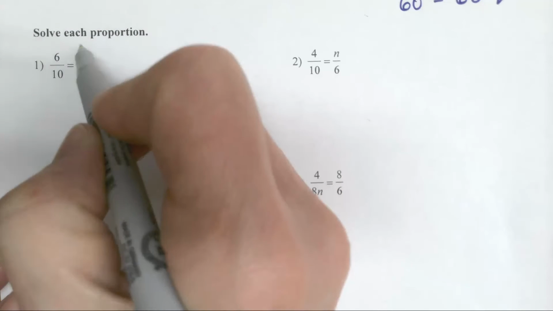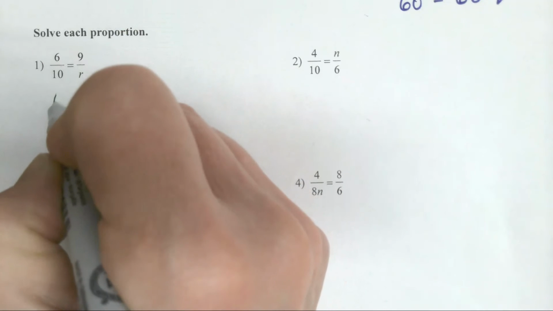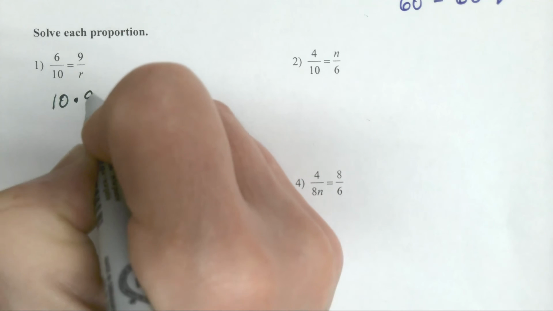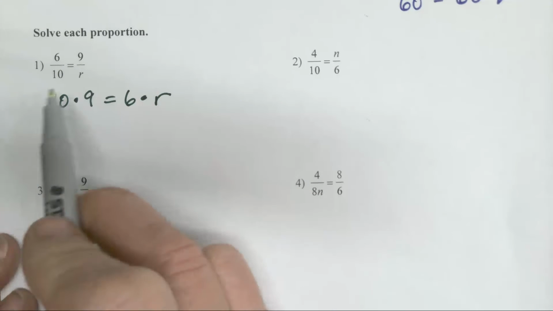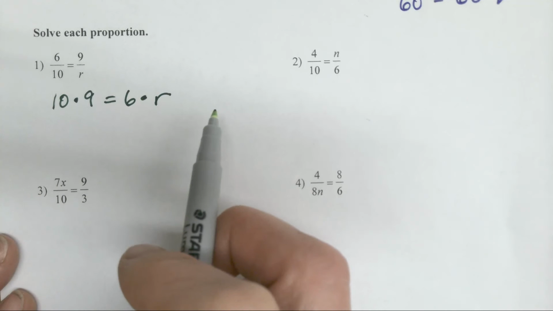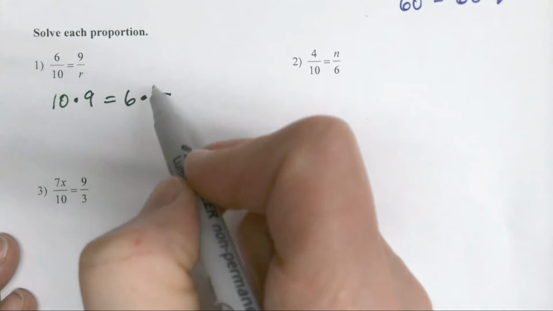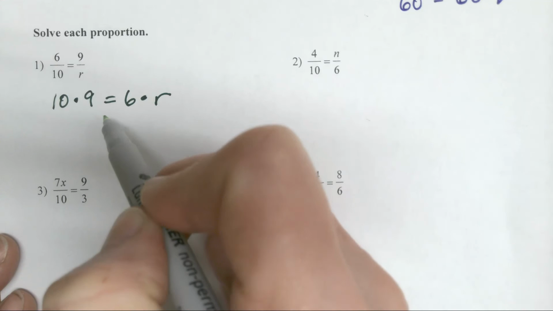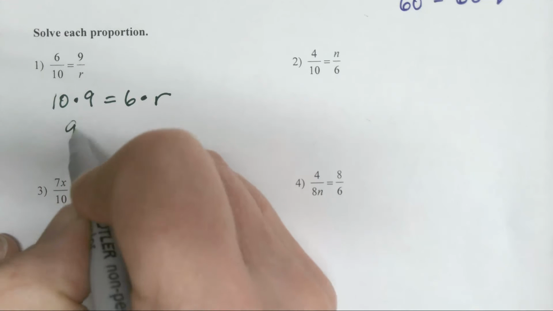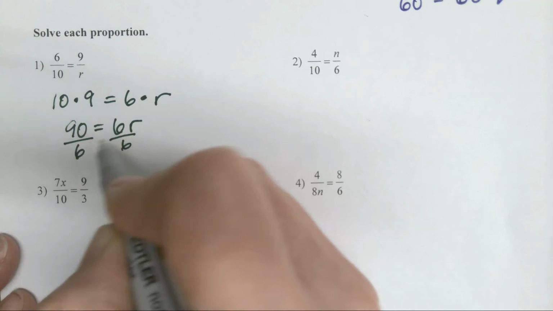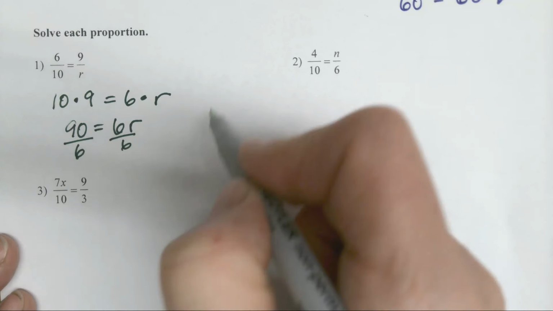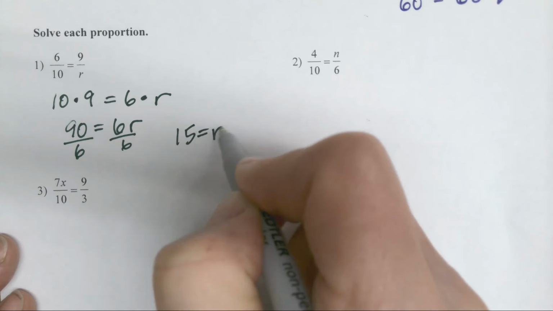So it's 10 times 9 should equal 6 times r, and I need to figure out what r has to be. I can do that by just dividing the 6 out. So it would be 90 equals 6r, divide by 6, divide by 6, and I would get my final answer, 15 equals r.